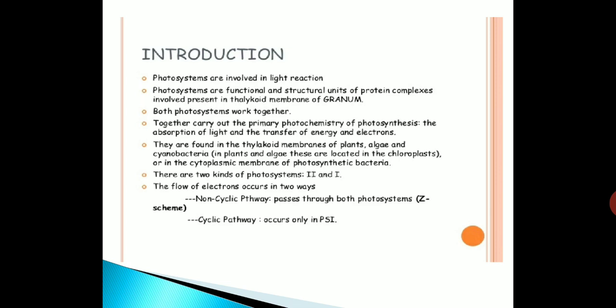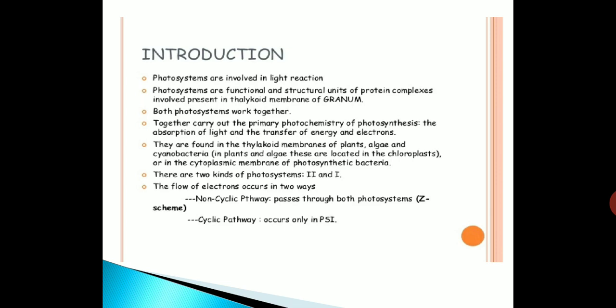They are found in the thylakoid membrane of plants, algae and cyanobacteria. In plants and algae, these are located in the chloroplasts, or in the cytoplasmic membrane of photosynthetic bacteria.